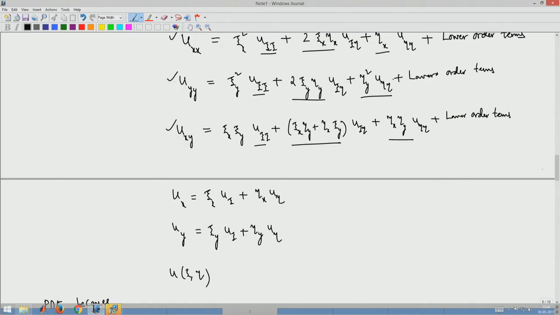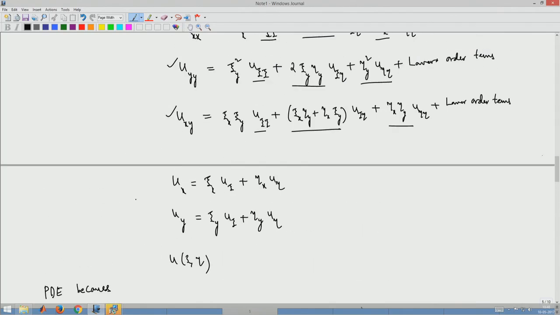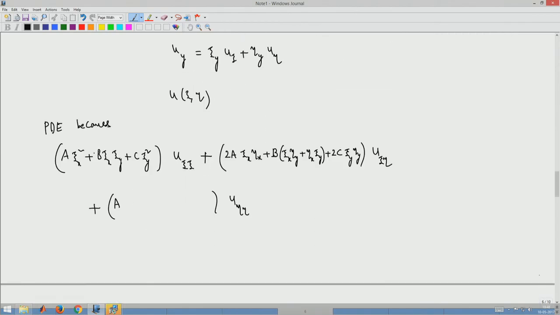If you do that, you see that it is going to be a ηx², everything in terms of etas. Instead of ξ you replace with η: a ηx² plus b ηx ηy plus c ηy², plus some coefficient of u ξ, some coefficient of u η, some coefficient of u equal to some right-hand side.